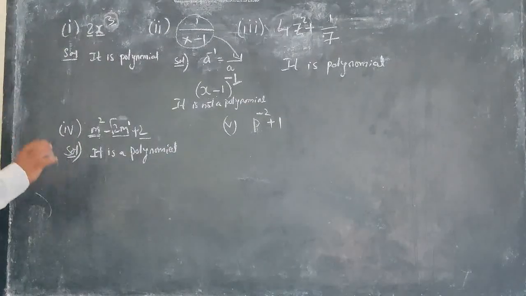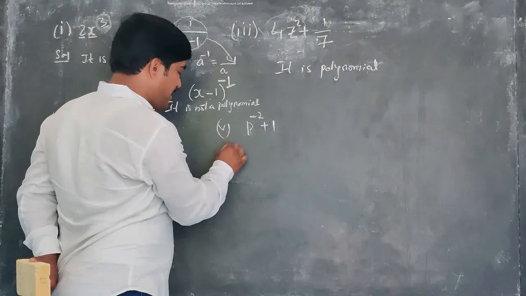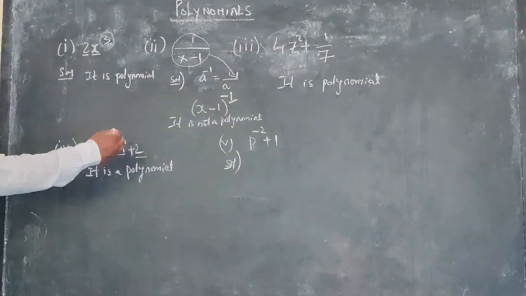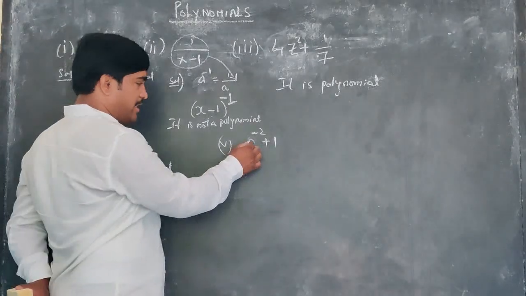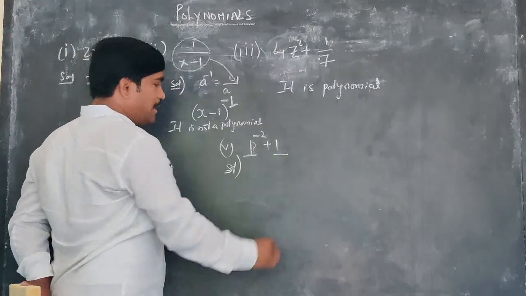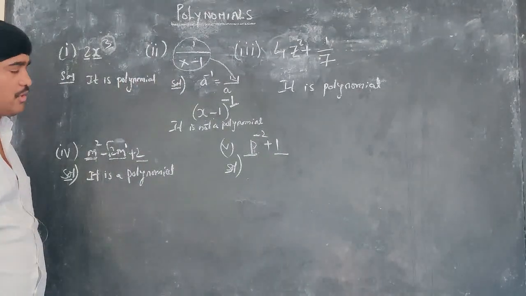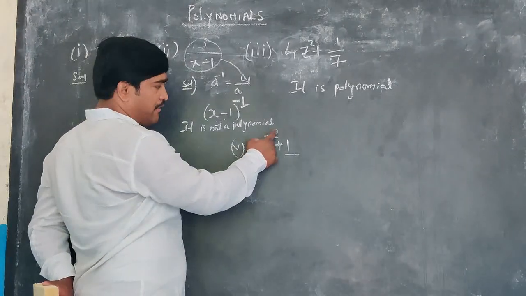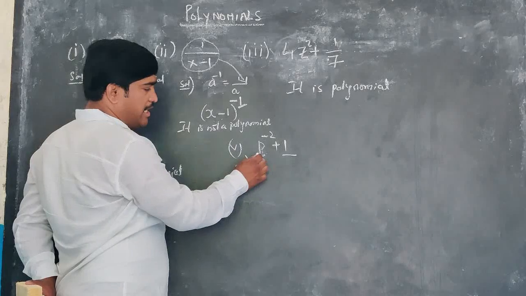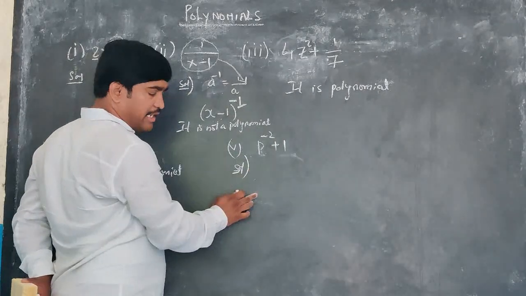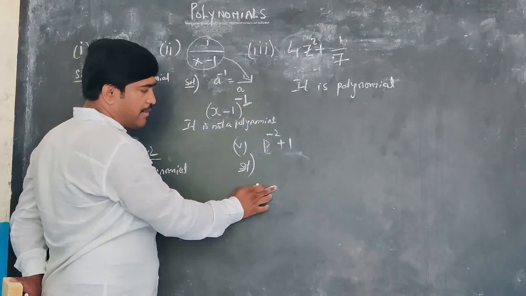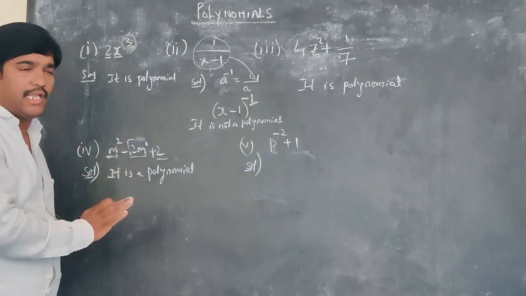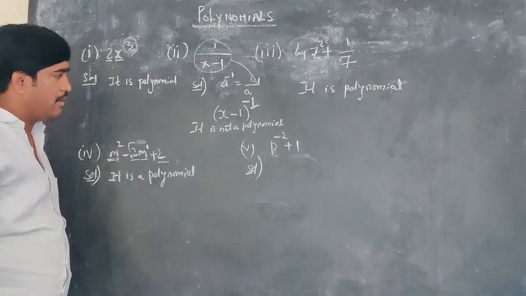Now, similarly, if I go for the fifth one, that is another example to check out whether it is a polynomial or not. There are two terms again, p square, p to the power of minus 2, as well as 1. If I go for the first term, here p is a variable. Now, when there is a variable, I should check out whether the power is non-negative or negative.